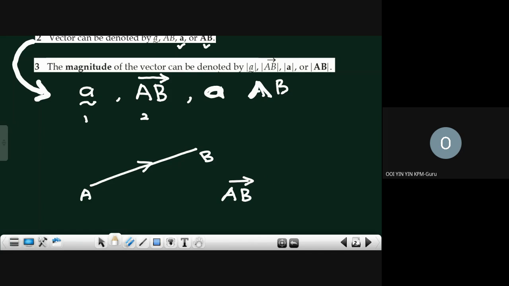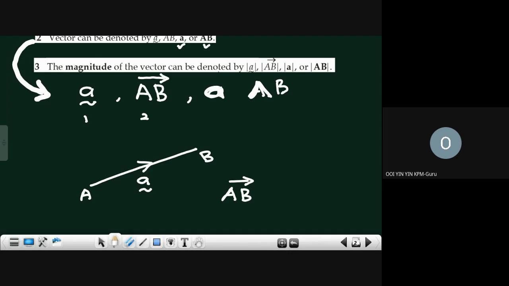Or sometimes, instead of the alphabets A B, they use another alphabet, a small letter a with a wave down here. That means this vector is vector a. So we can just write the middle a, and AB doesn't need to be written. These are two ways they represent your vector.